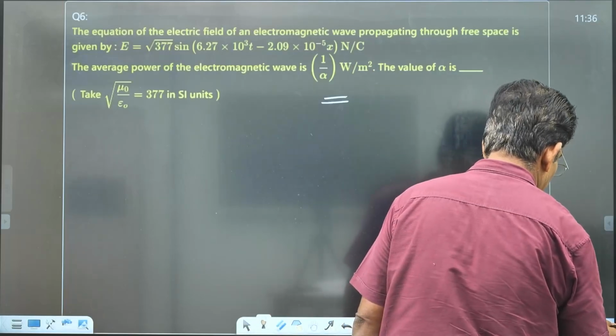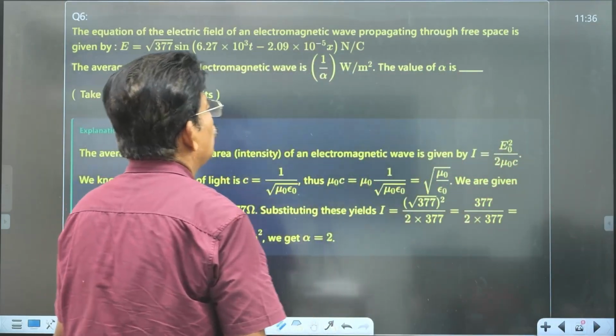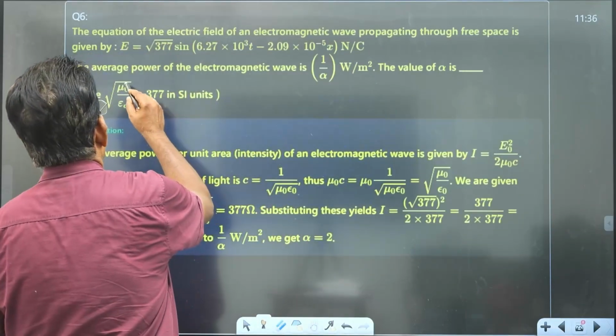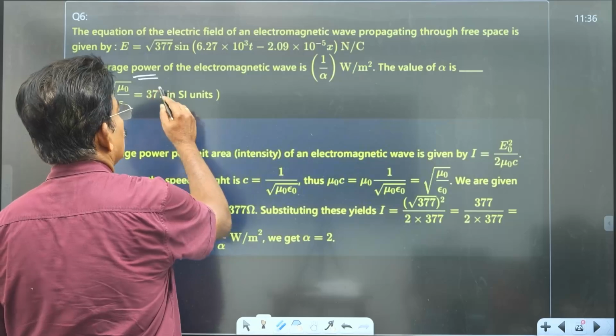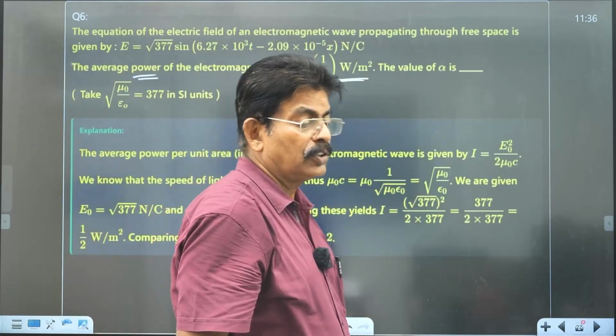Now let us go to the explanation. You have to look at one thing here. They've used the word average power, but the unit is watts per meter squared.